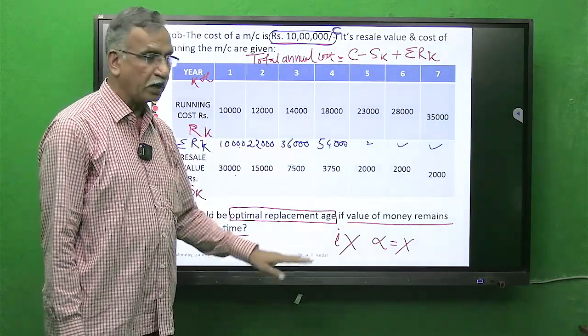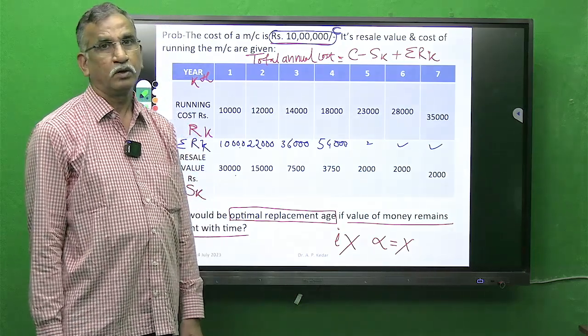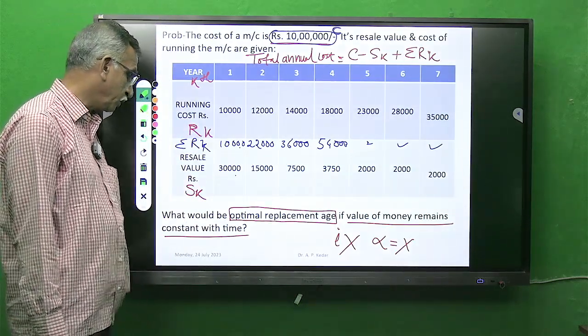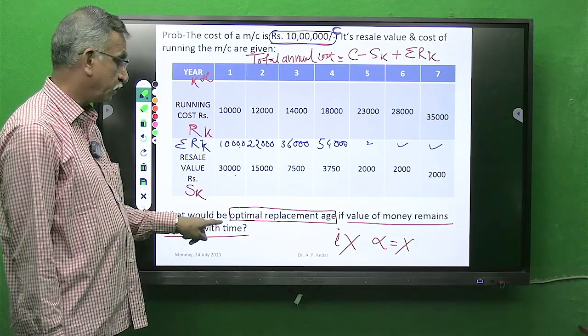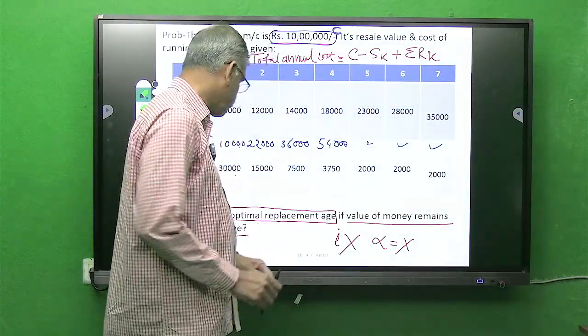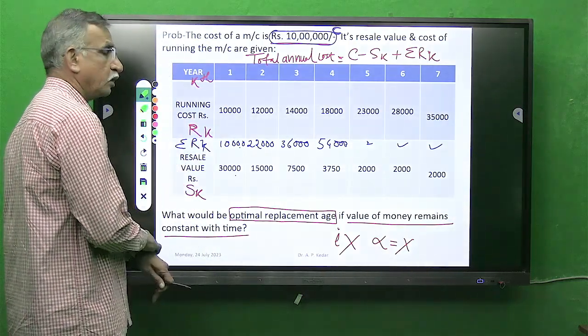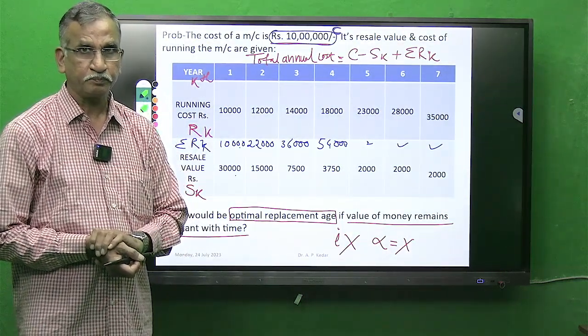And again I mention there is no need of the value of I, because we are ignoring the value of money, since the statement given is that the value of money remains constant in future with respect to time. Got it?